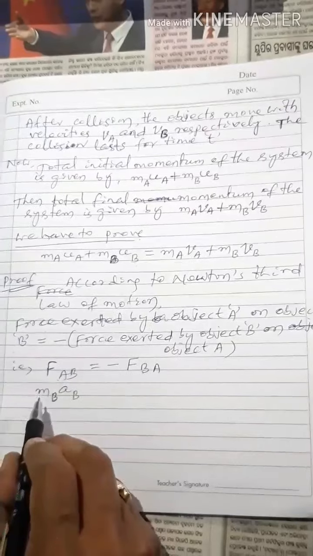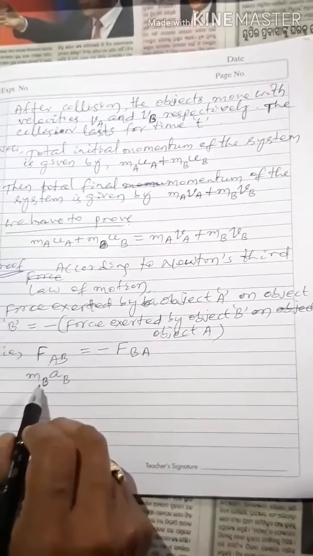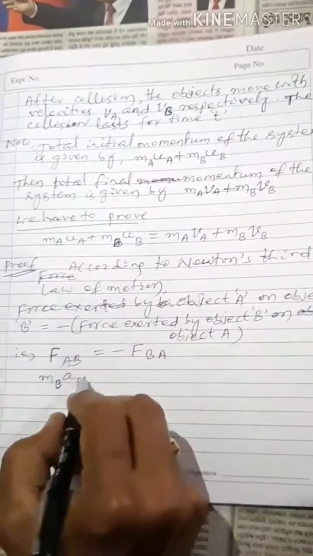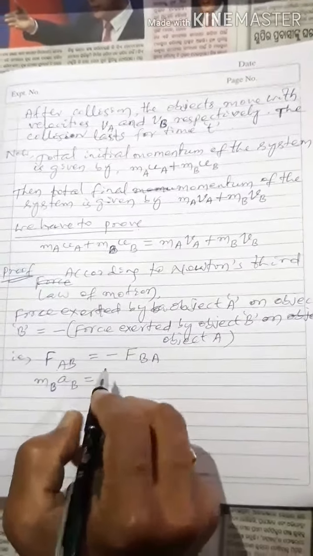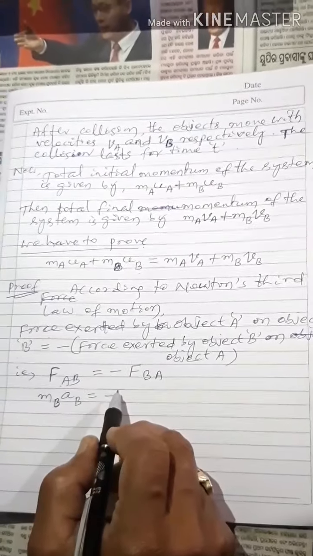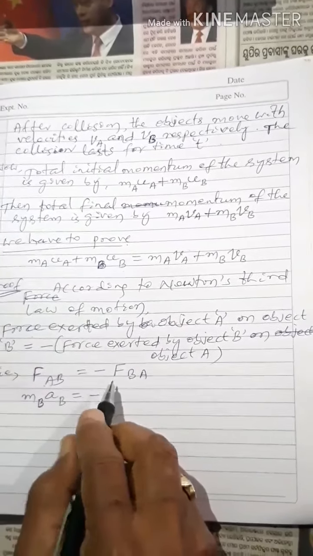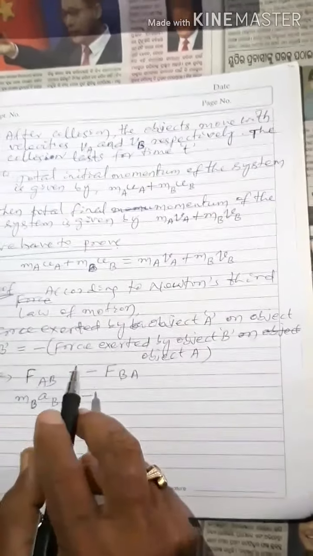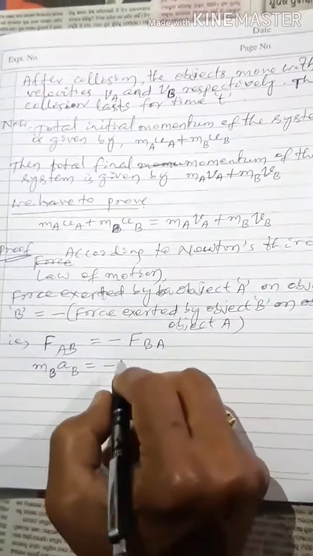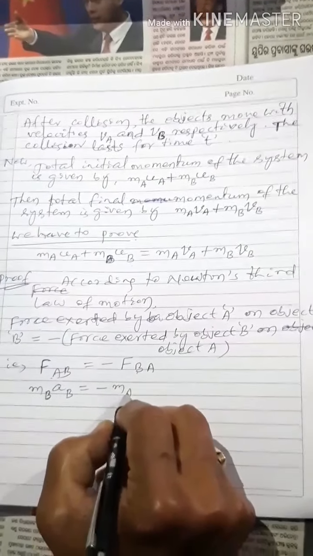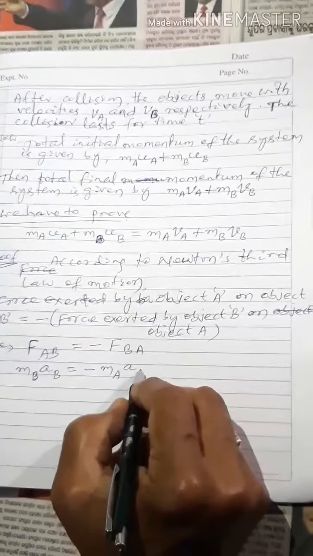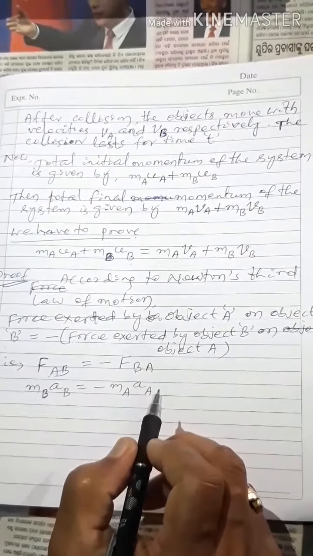That is equal to negative of FBA, the negative of the force exerted by B on A, that is the force on A. So that is mass MA into acceleration of A, AA. Clear?